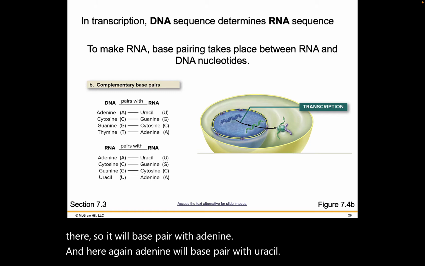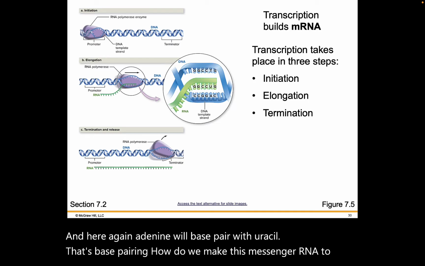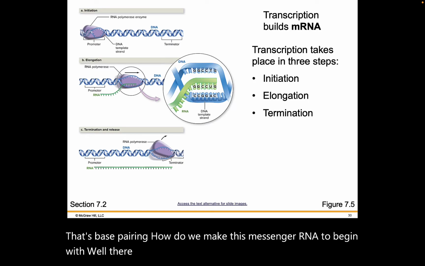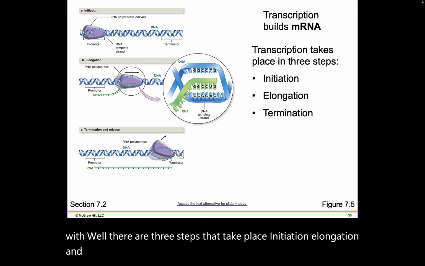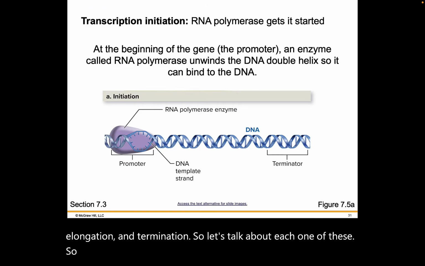Now, that's base pairing. How do we make this messenger RNA to begin with? Well, there are three steps that take place: initiation, elongation, and termination. So let's talk about each one of these. In transcription initiation, RNA polymerase gets started.